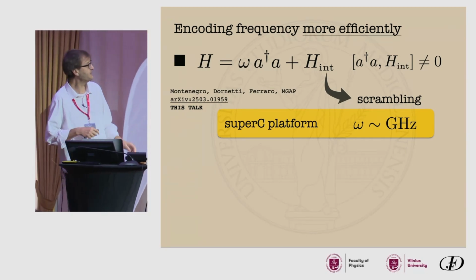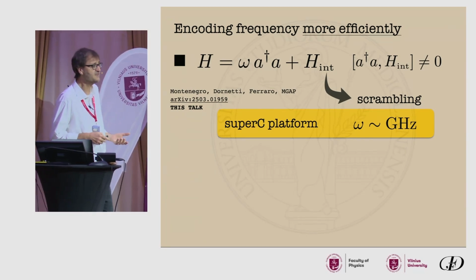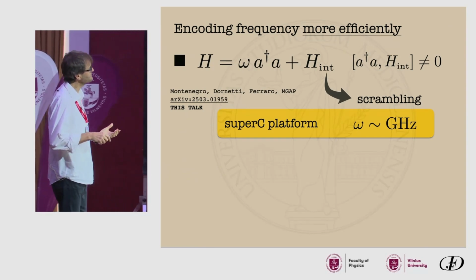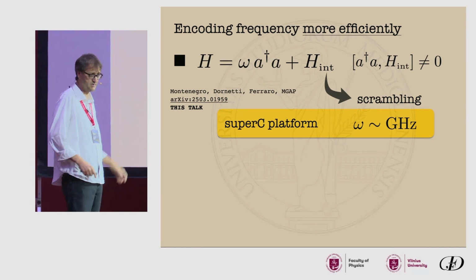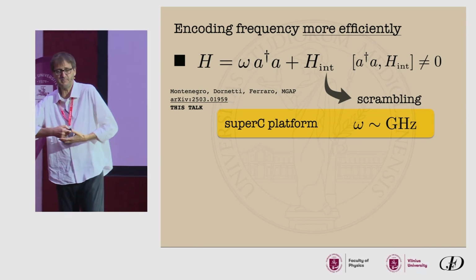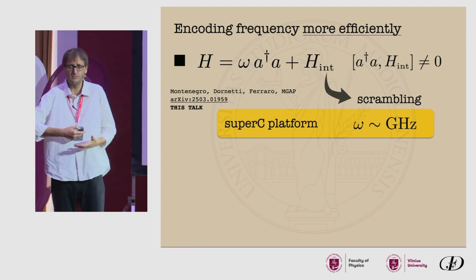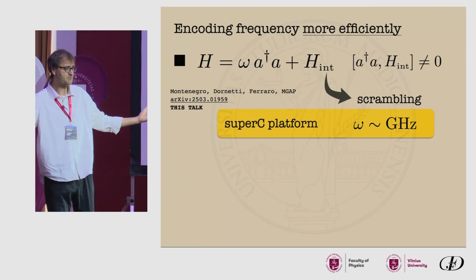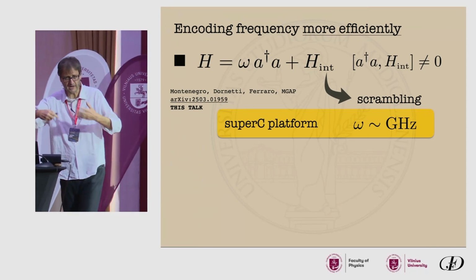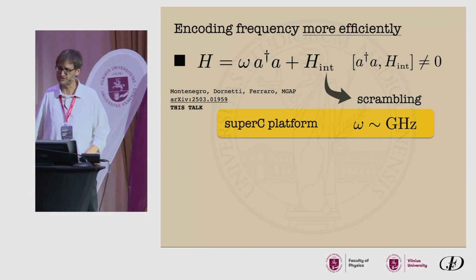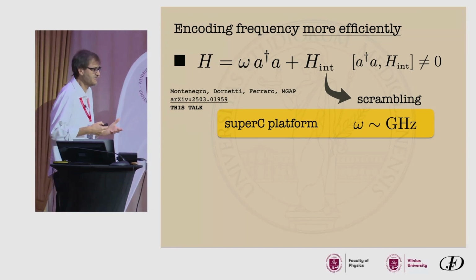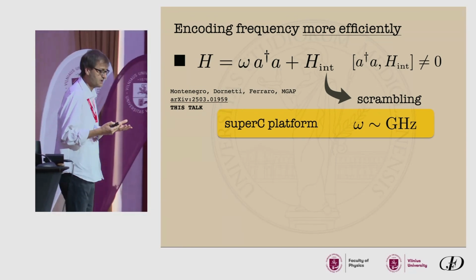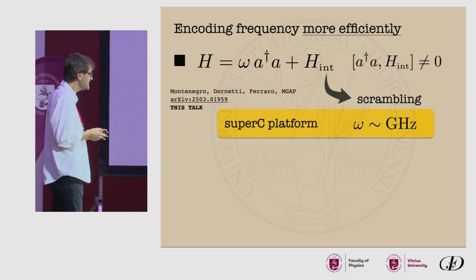And why do we hope that this is more convenient? Because if this Hamiltonian is not commuting with the number operator, with the free evolution, we expect the information about the frequency to be scrambled across the Hilbert space, to affect more coefficients in the expansion of the continuous variable state. So we have the intuition that this could be more convenient.